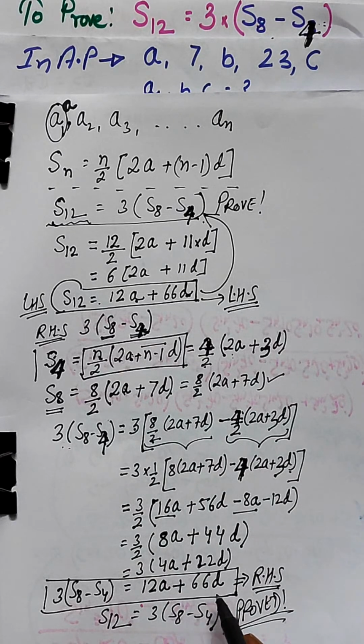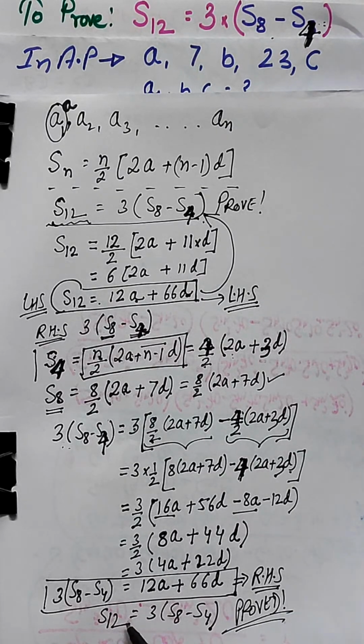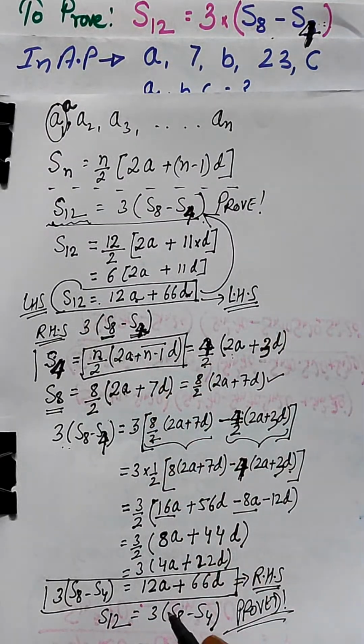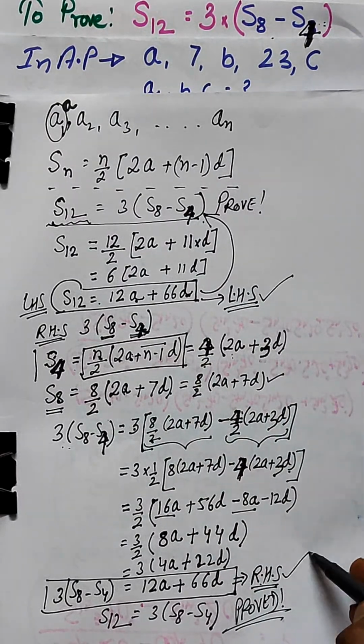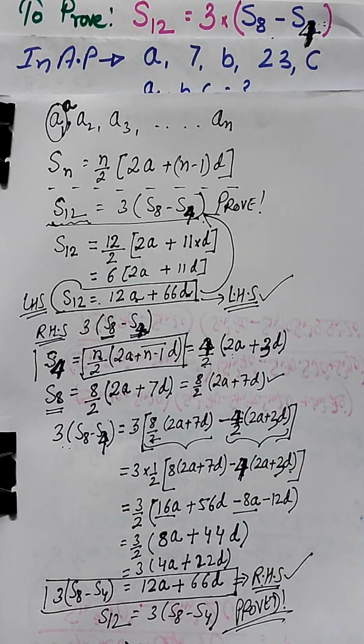So 12a plus 66d is our RHS, and in the LHS we have S12 whose value is 12a plus 66d. So you can see LHS and RHS, both the values are the same, and we have proved that S12 equal to 3 times S8 minus S4.